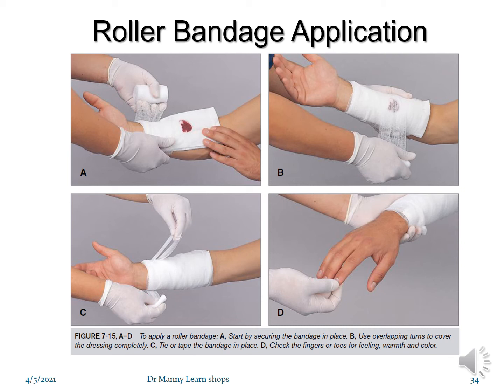And D. After that, check that the fingers or toes are warm and have their natural pink colour, and the victim or patient isn't complaining of pain or tingling or numbness in the affected limb.